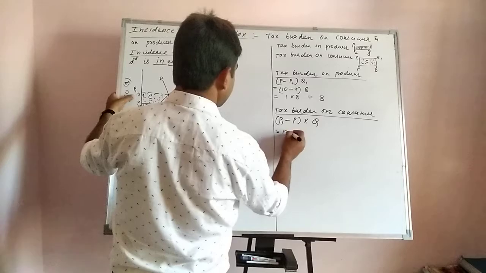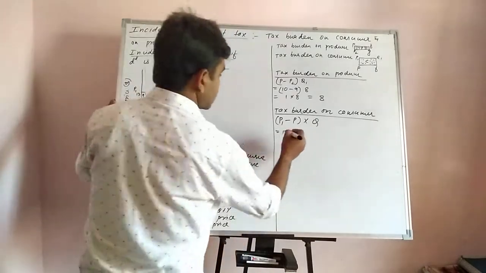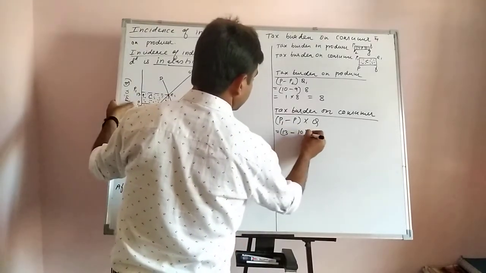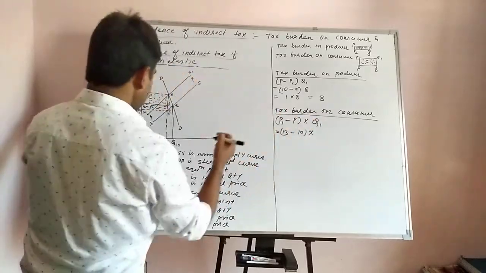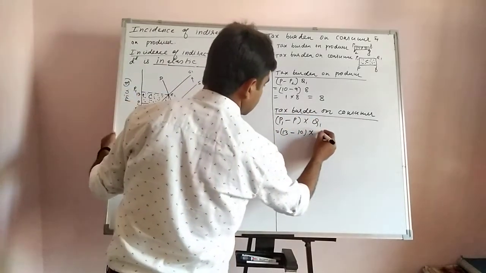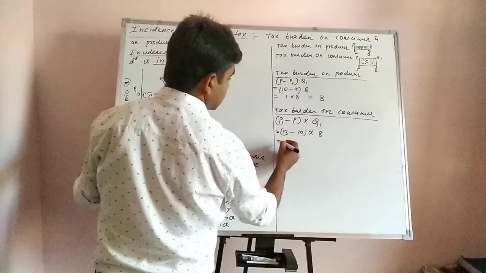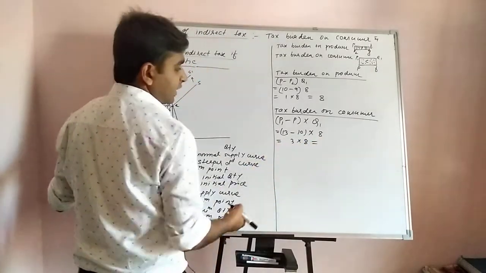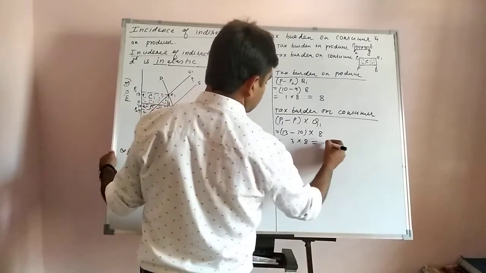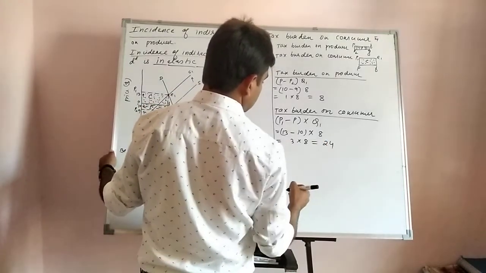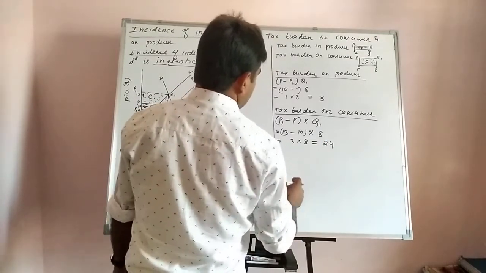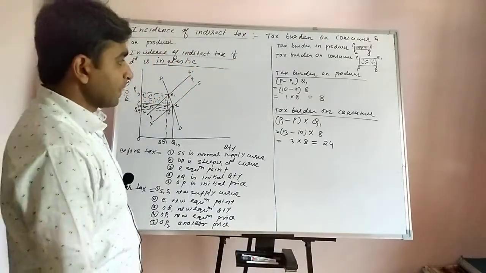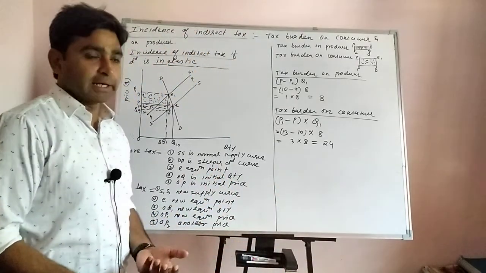We have 13 minus P is 10 into Q1, this is Q1, okay? Q1 we have 8. So we got 13 minus 10, 3 into 8, okay, 24. So who is paying high tax?